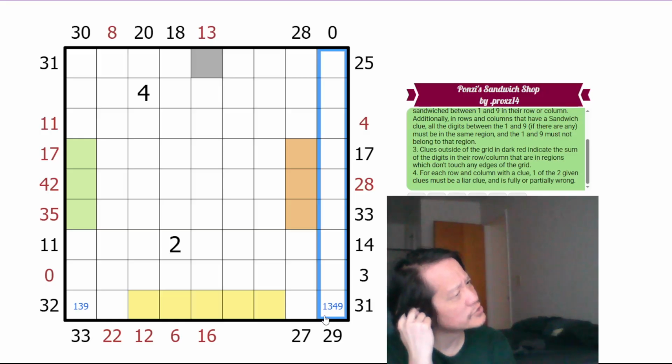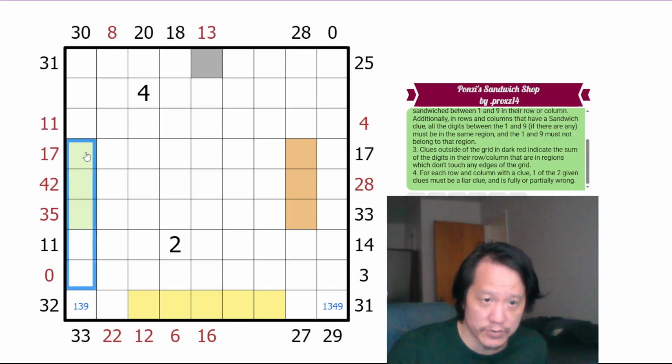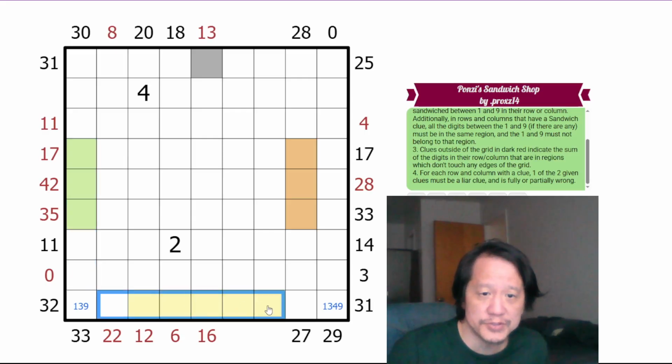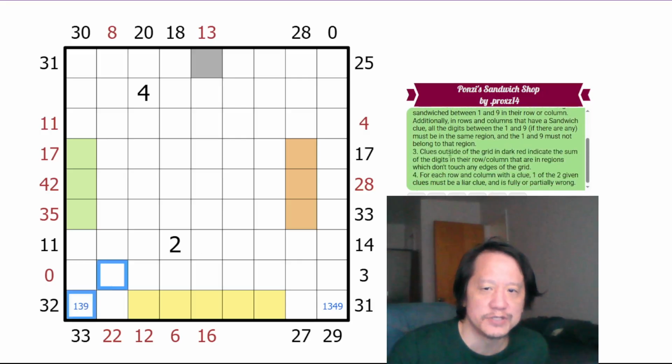Oh, that's interesting. If this were a 1 or 9 here, this would not be part of the same region as the cells going that way. It would also not be part of the same region as the cells going this way. So this cannot be a 1 or a 9, because then it would not be able to be part of an orthogonally connected region which has 9 cells in it.